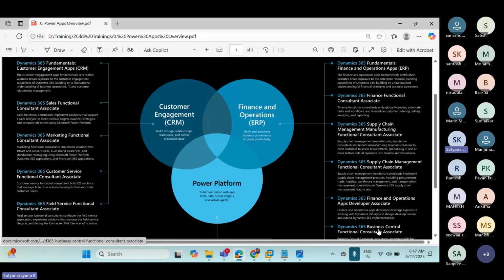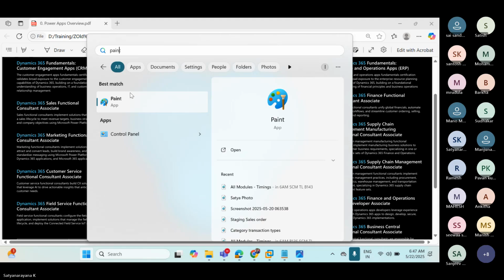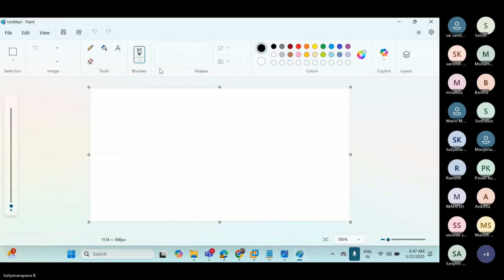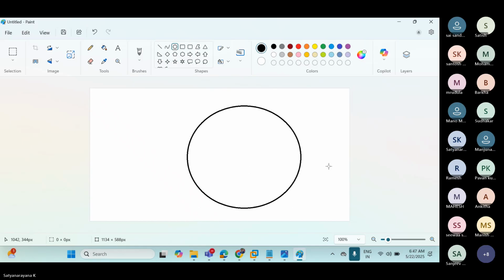And one more, Business Central. This is the finance and operations F&O application. The CRM application is this much when compared with F&O. And Business Central is this much.